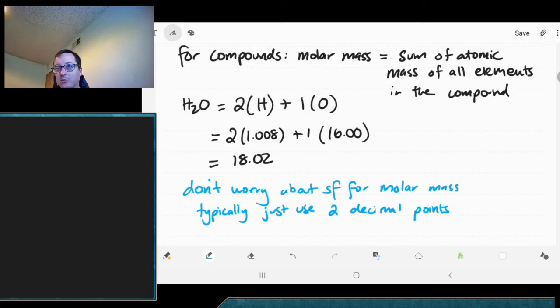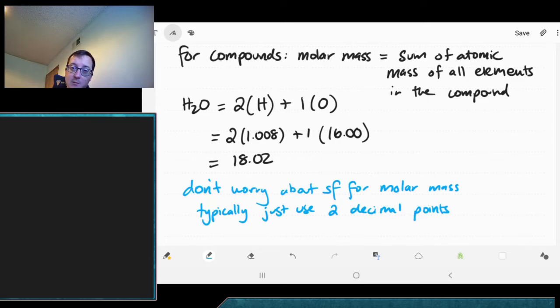So 18.02. If you want to say 18.016, go right ahead. I will not stop you. That is just fine. But that is the molar mass of water, 18.02, which tells us that 18.02 grams of water is 1 mole of water molecules.